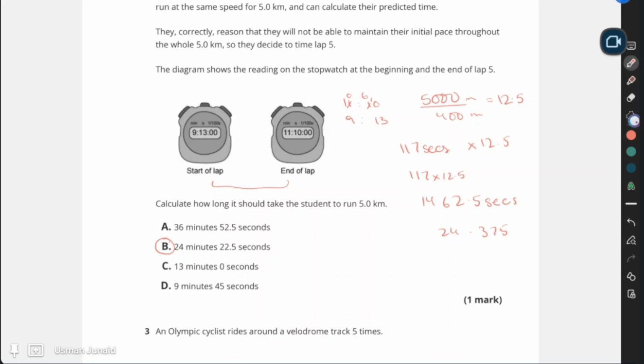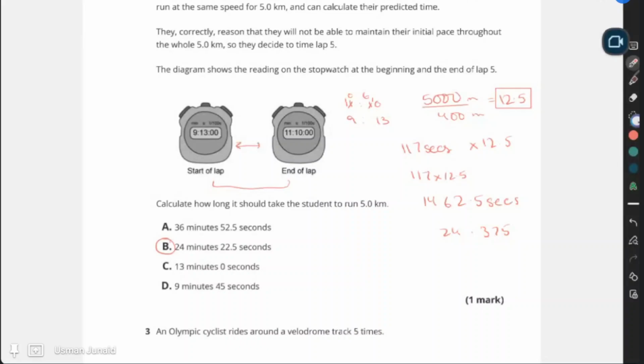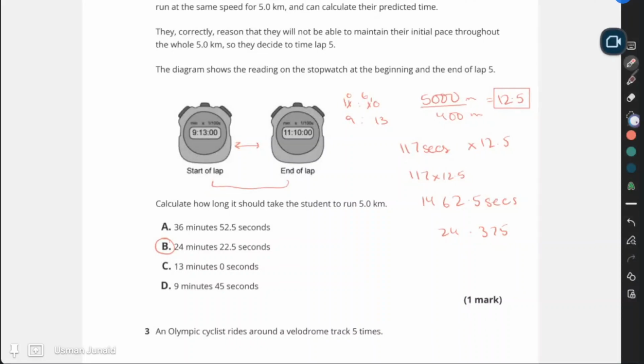So what we did, to make a long story short, is we took out the number of total laps that he will run, right? And we multiplied that by this time period. Okay, make sense? How do we take out the total number of laps that he's gonna run for 5 kilometers?